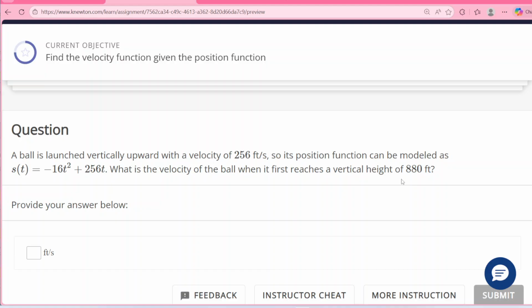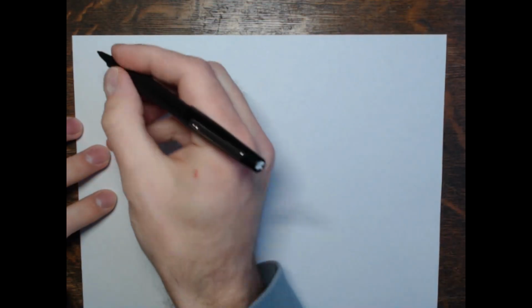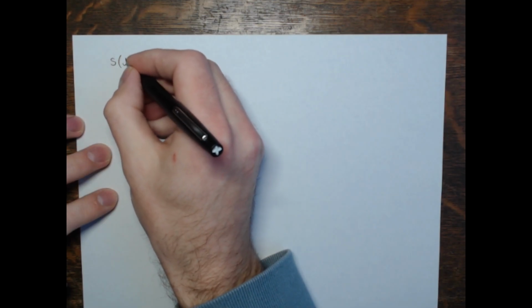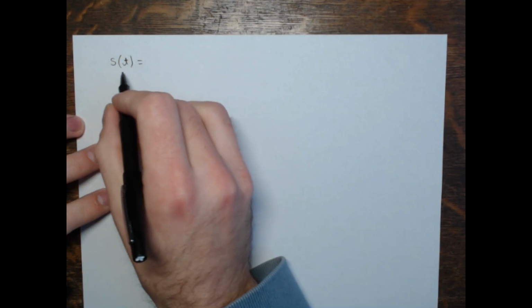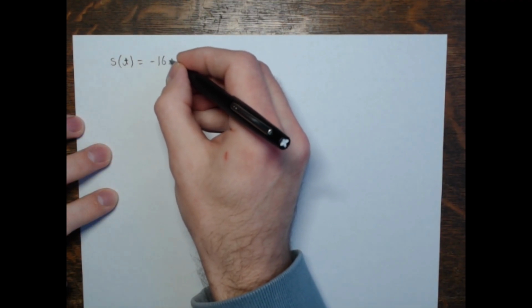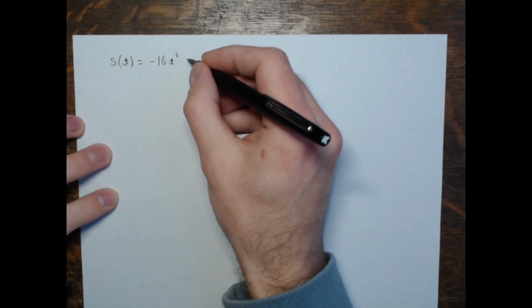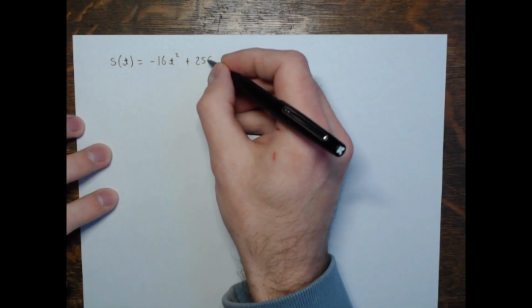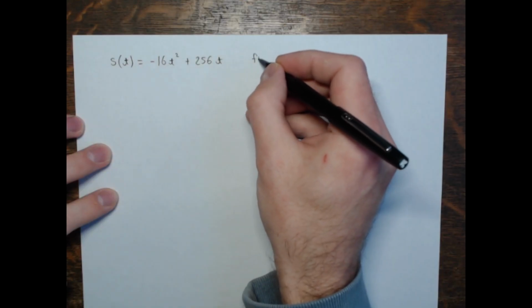All right, so first I'll figure out at what times this ball is 880 feet in the air. So I'm going to set the position to be 880. The position, the height off the ground, is given by negative 16t squared plus 256t, and this is in feet.